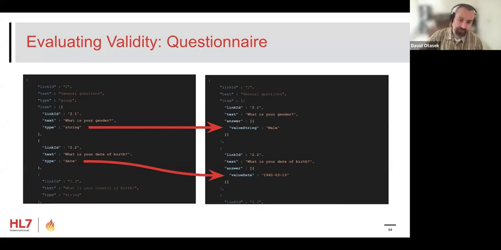The last aspect applies specifically to questionnaire response resources. A questionnaire response may or may not have an associated questionnaire. If it does have an associated questionnaire resource, the validator will verify that each item in the response is correct for the corresponding item in the questionnaire.